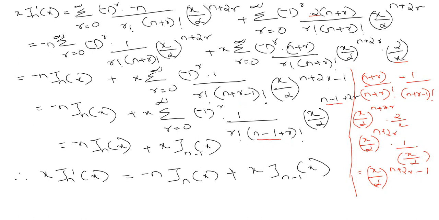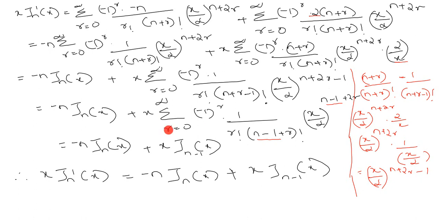Okay, so that is the next step, and we know that this is the equation for Jn of x, but in the place of n here it is n minus 1. So this is the equation for Jn minus 1 of x. All other terms are similar.